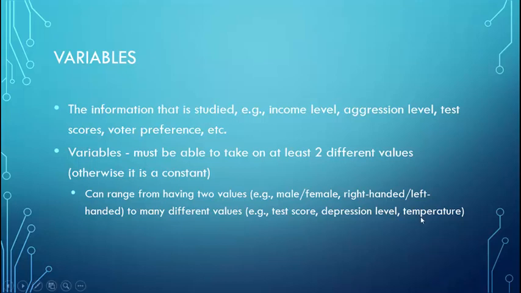What's the temperature where you live? It can go from negative, I don't even know how cold it gets in Alaska and Antarctica and things like that, to very, very hot, 115 degrees in the summer in some valleys, in some deserts. So it can go from two values to many different values. As long as they can take on more than one value, we have a variable.